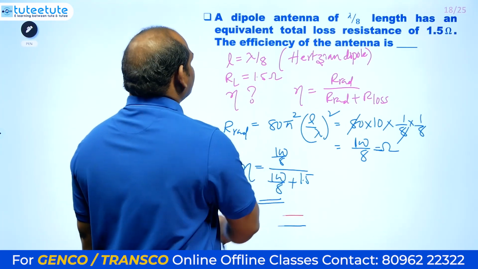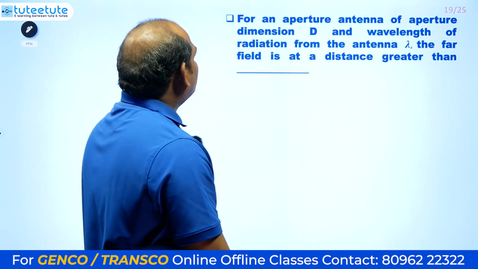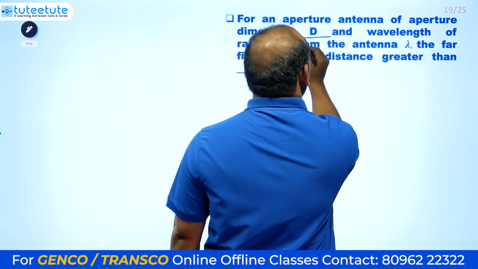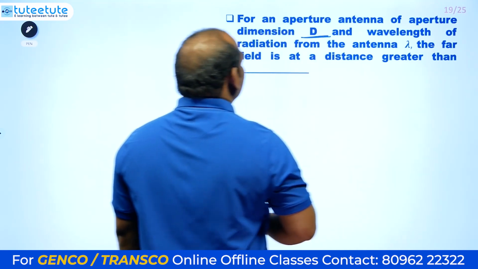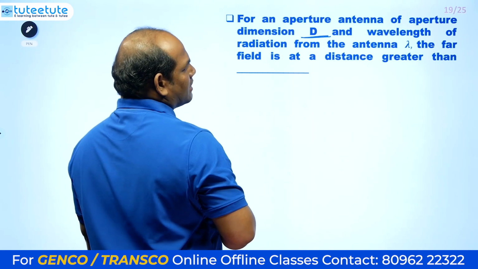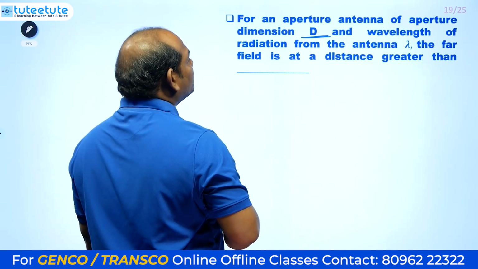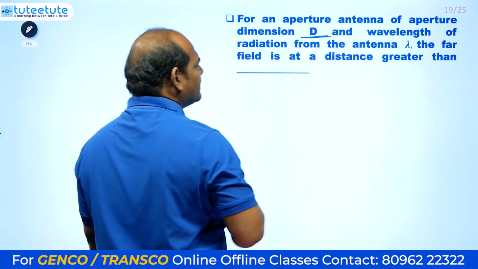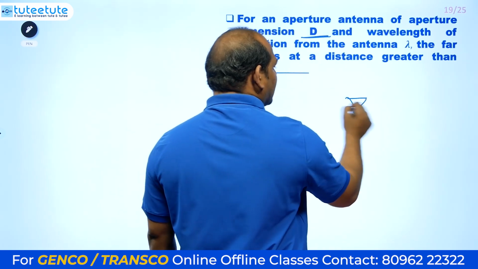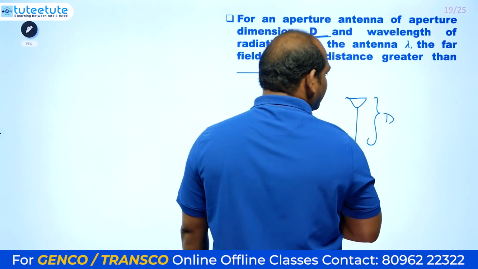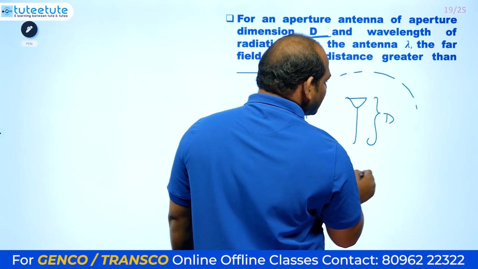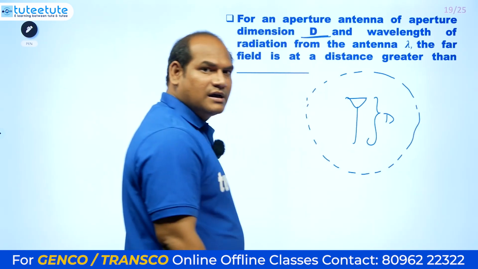Next one. For an aperture antenna of aperture dimension capital D and wavelength of radiation lambda, the far field at a distance greater than... it is just a theoretical question. If you take an antenna whose maximum dimension is D, at what distance can we consider the electric and magnetic fields?